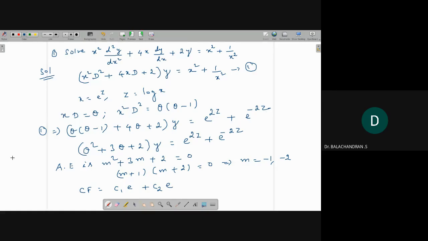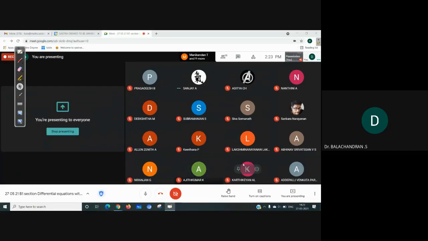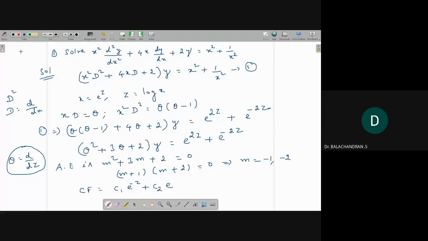Here theta is d by dz. Suppose originally you have D square, so D is d by dx, that is why you write x there. So e power minus z, and C2 into e power minus 2z.